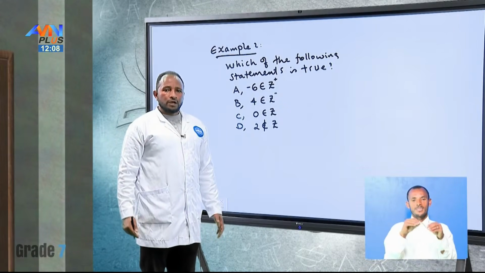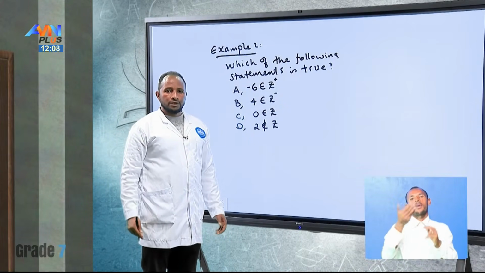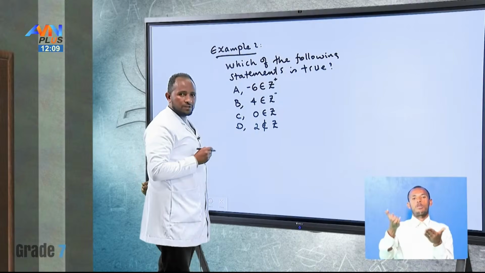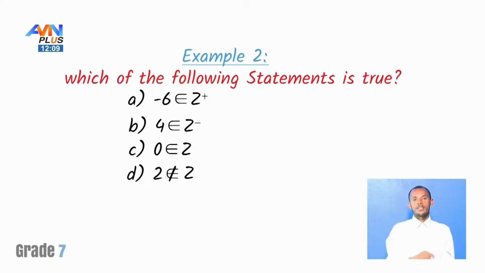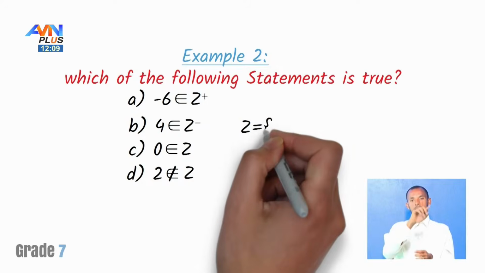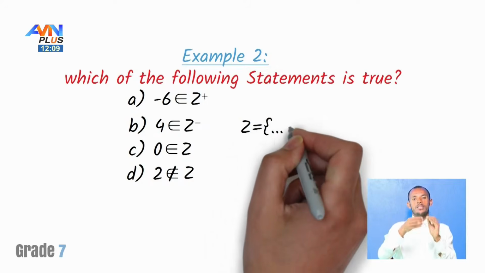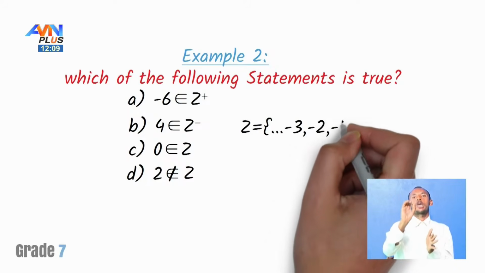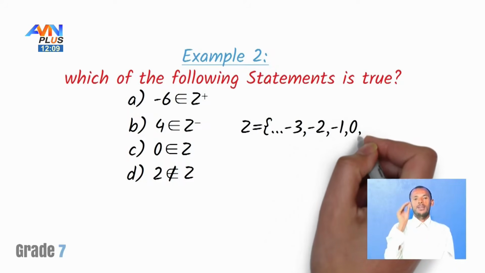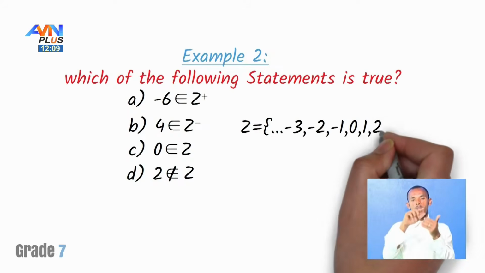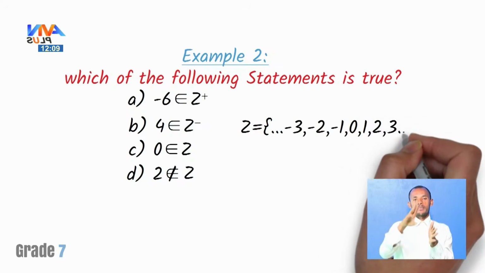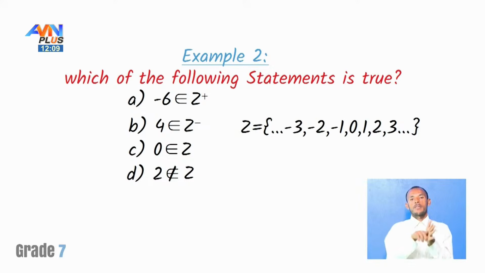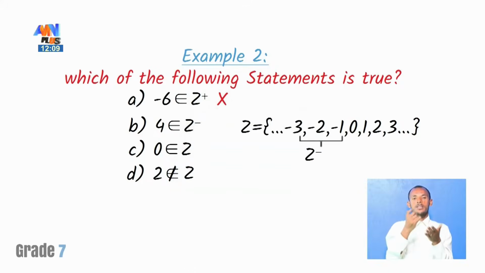Students, have you tried the question? Very good. Let's check A: -6 is an element of the positive integers. We said the set of integers contains the numbers -3, -2, -1, 0, 1, 2, and so on. Here it says -6. You will find -6 in this set, among the negative integers. It's not a positive integer, so this is a wrong statement.